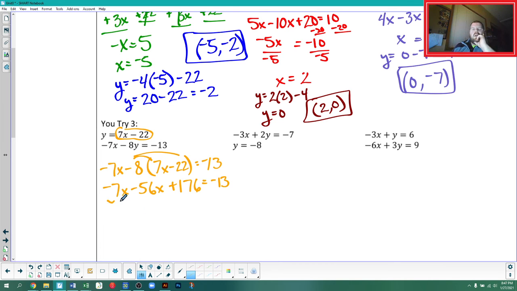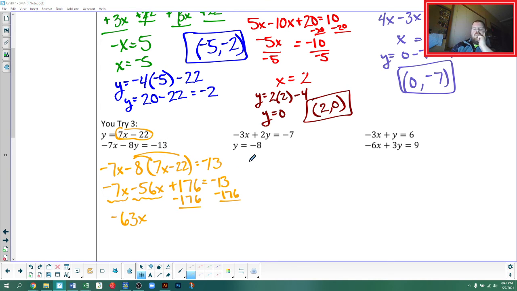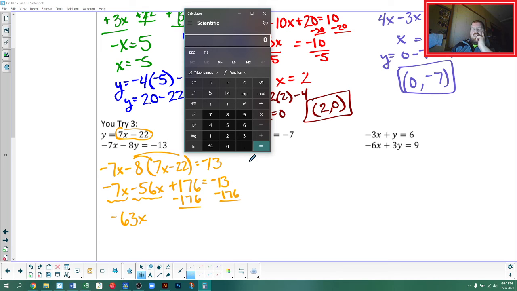Now I will combine my variables. That's going to be a -63x. And I know that eventually I'm going to have to divide by negative 63. So I might grab a calculator if I don't have one yet and even check my work on this. Really, that's a negative 13 and 176.